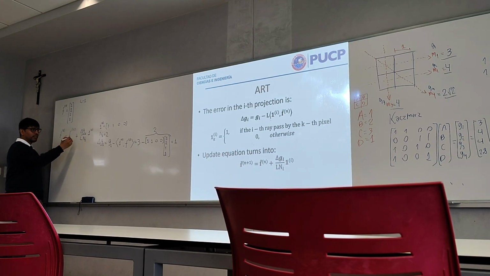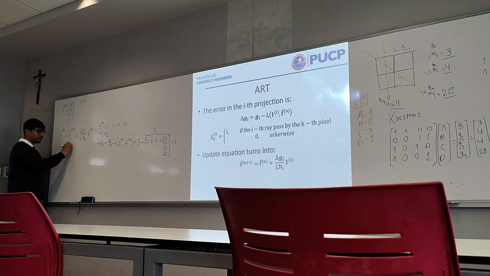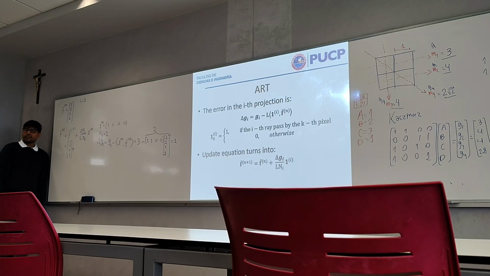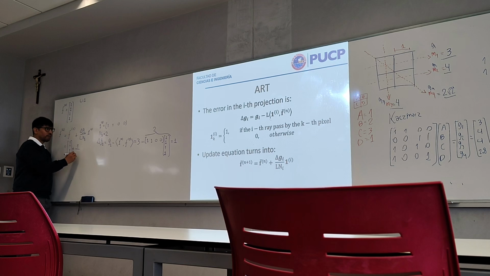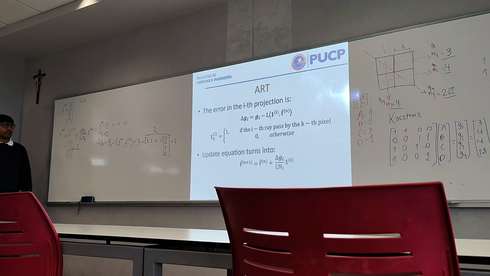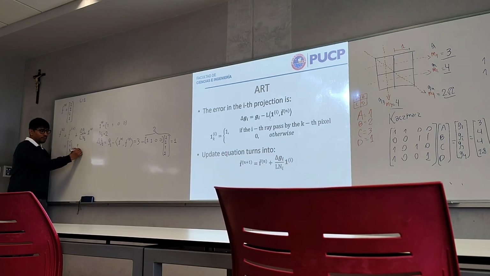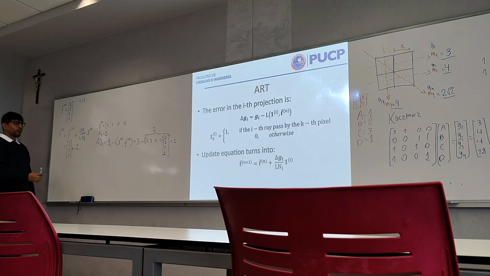So it means we are here. The first guess is 1, 1 plus delta G1 multiplied by the vector 1, 1, 0, 0.